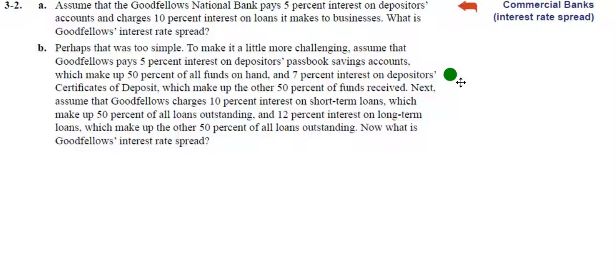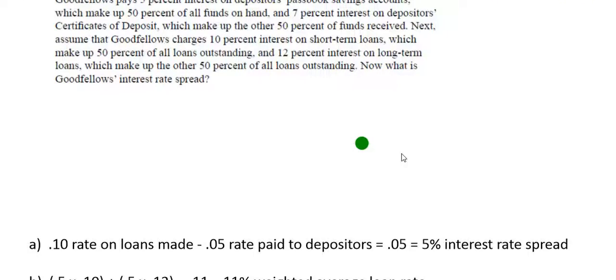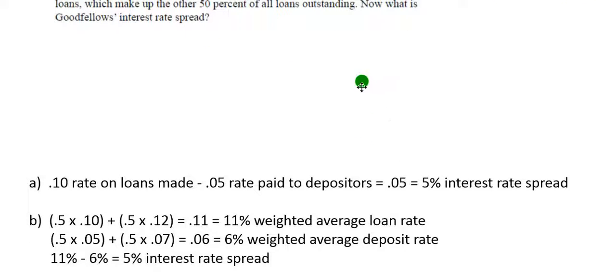And you might ask why, and simply certificates of deposit tend to be a little bit longer term. You're penalized if you take your money out early, so you're going to get a little bit higher interest rate on that type of savings. So we want to figure out what that weighted average on the deposit rate is.